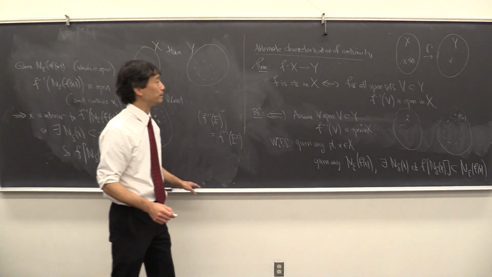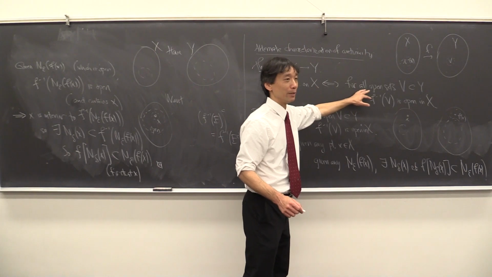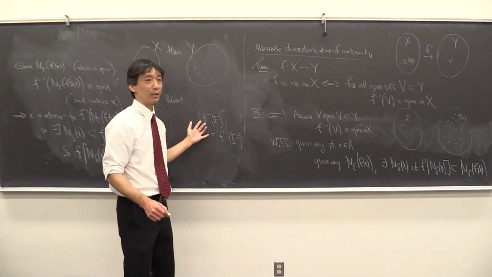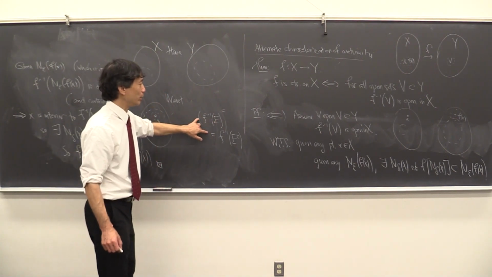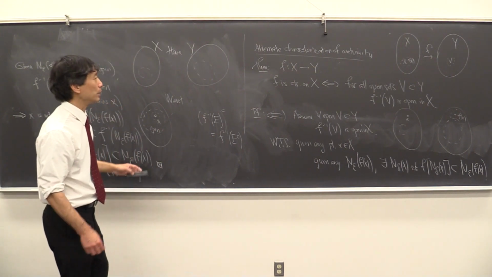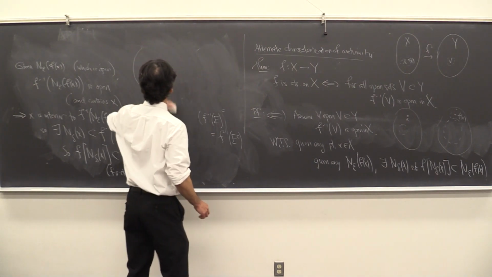So if you can show this is true for all open sets, this fact gives you that it's true for all closed sets, and vice versa. So this is a pretty simple fact. Same statement is true for closed sets.